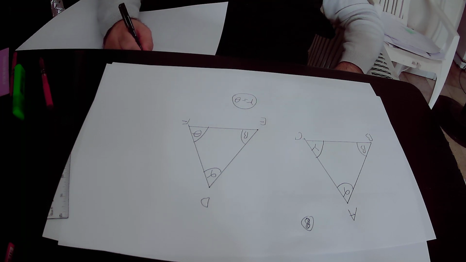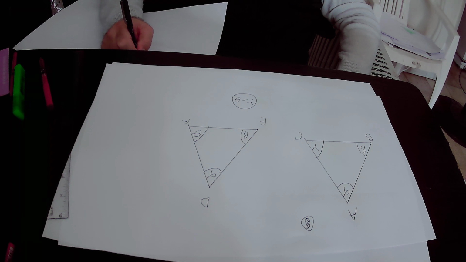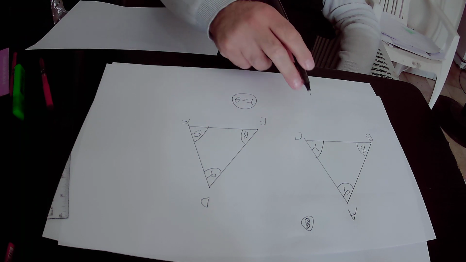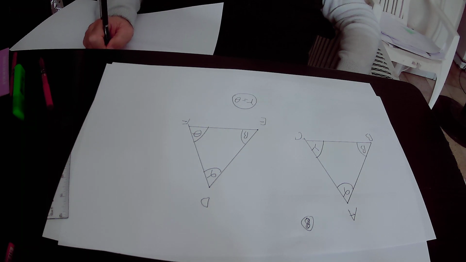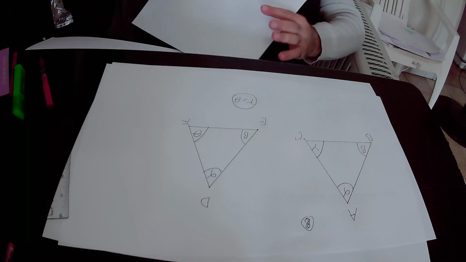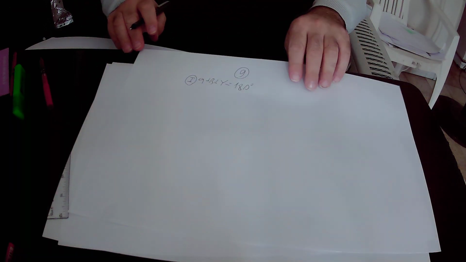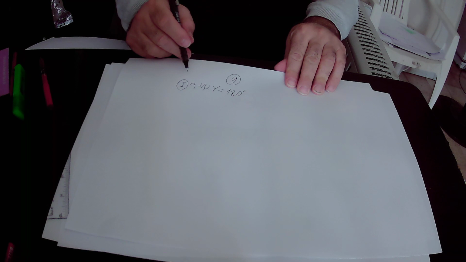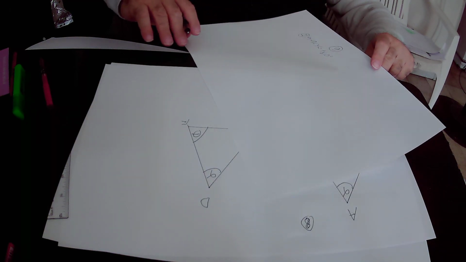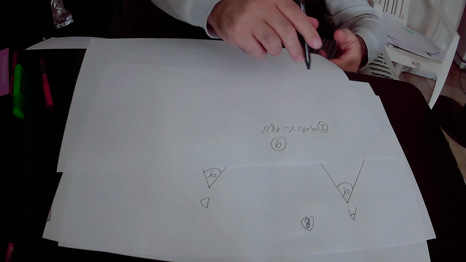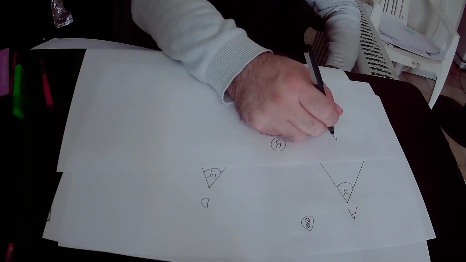That is to say, alpha plus beta plus gamma equals 180 degrees. So that is the sum of the angles in triangle ABC.